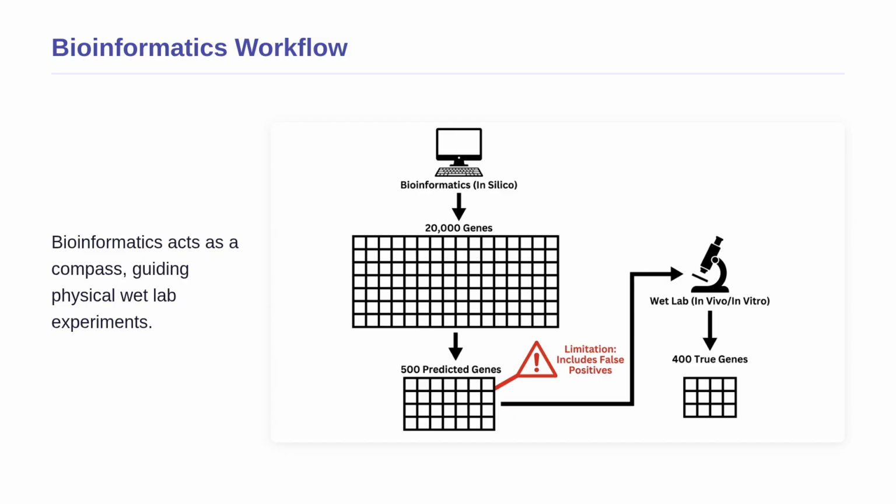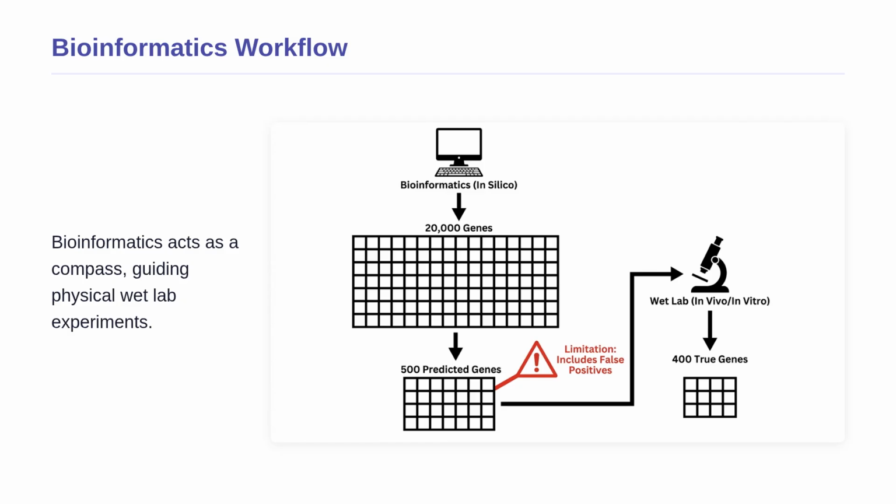To visualize how we manage these limitations, let us look at this workflow diagram. At the top, we start in silico, using bioinformatics software on a computer to analyze a massive dataset of 20,000 genes. The computer narrows this down to 500 predicted genes. However, as indicated by the red warning triangle, this computational step inherently includes false positives.